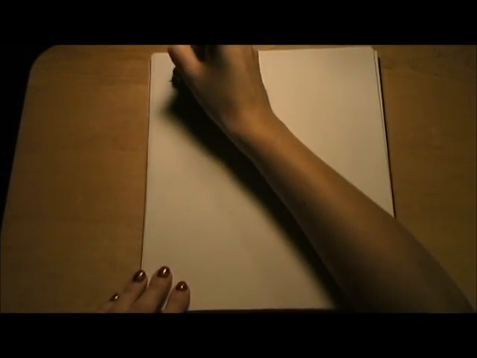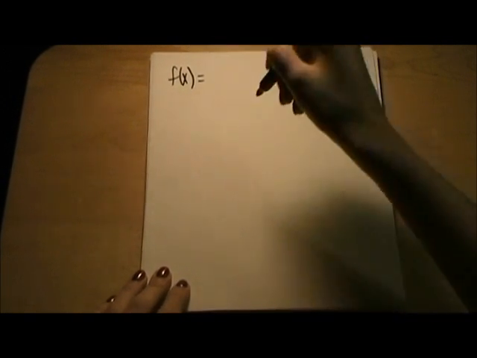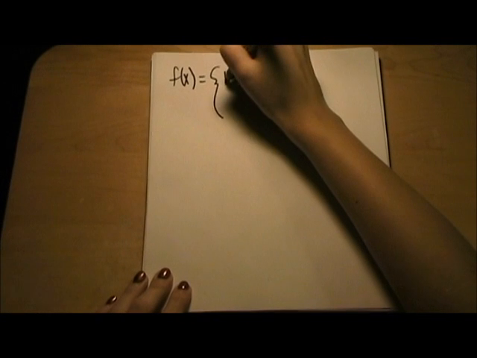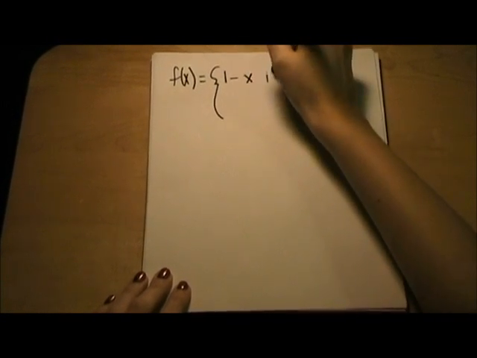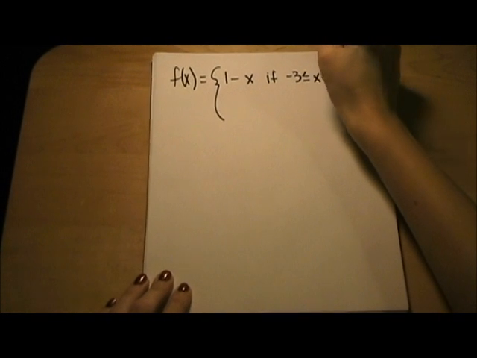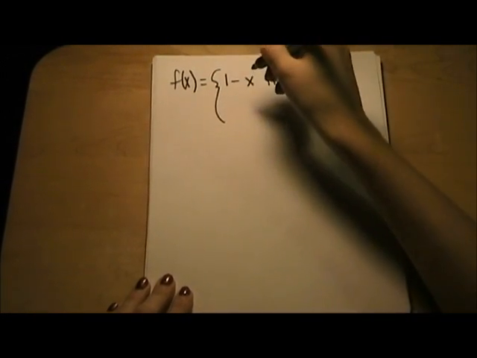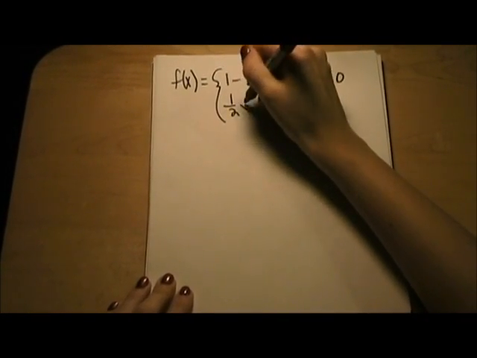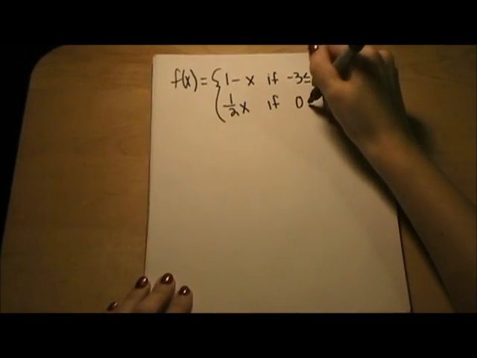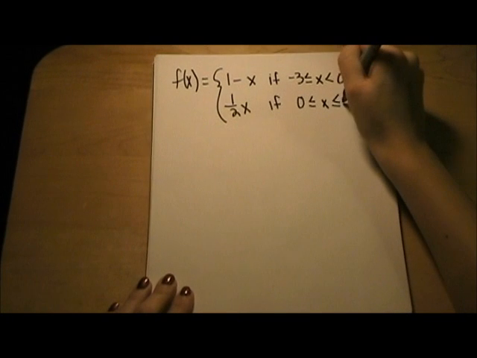An example of a piecewise function, f of x equals 1 minus x if -3 is less than or equal to x is less than 0, and 1/2 x if 0 is less than or equal to x is less than or equal to 3.